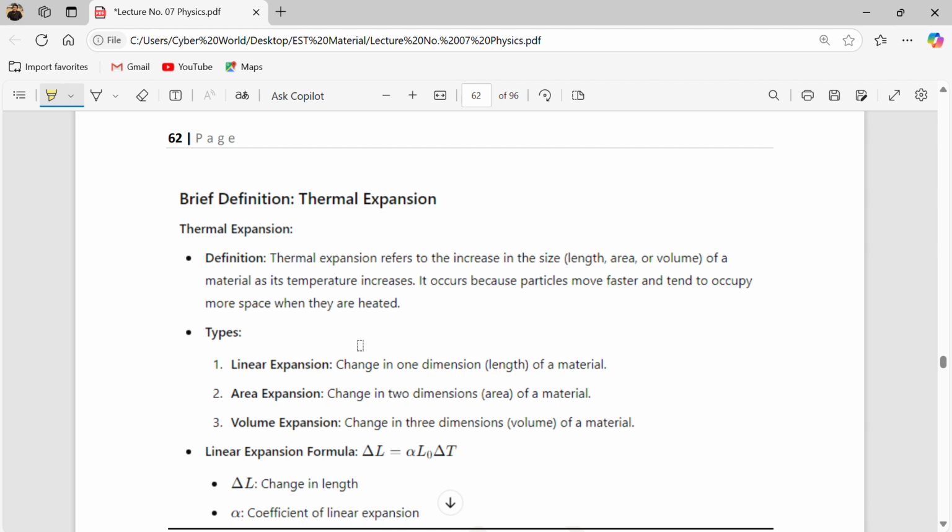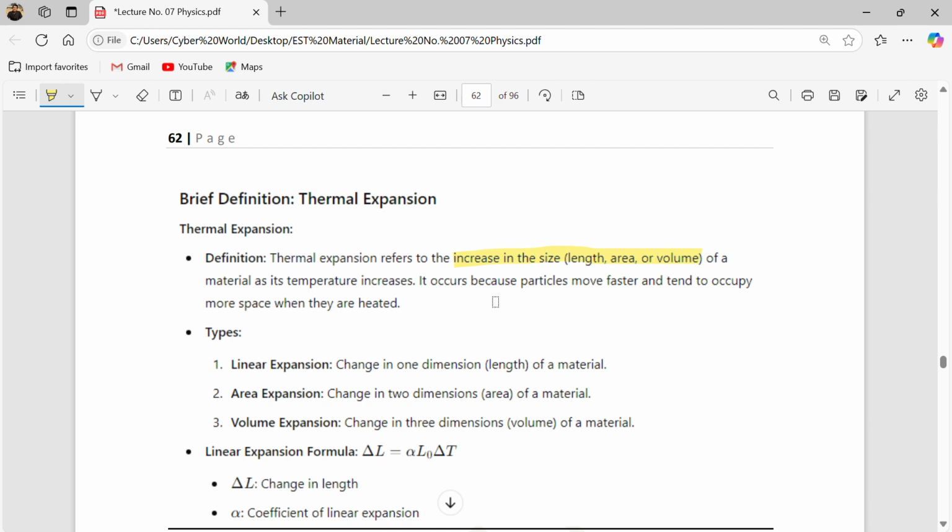This is called thermal expansion, and the body expands in size, either length, area, or volume. Thermal expansion refers to the increase in size of a material as its temperature increases.